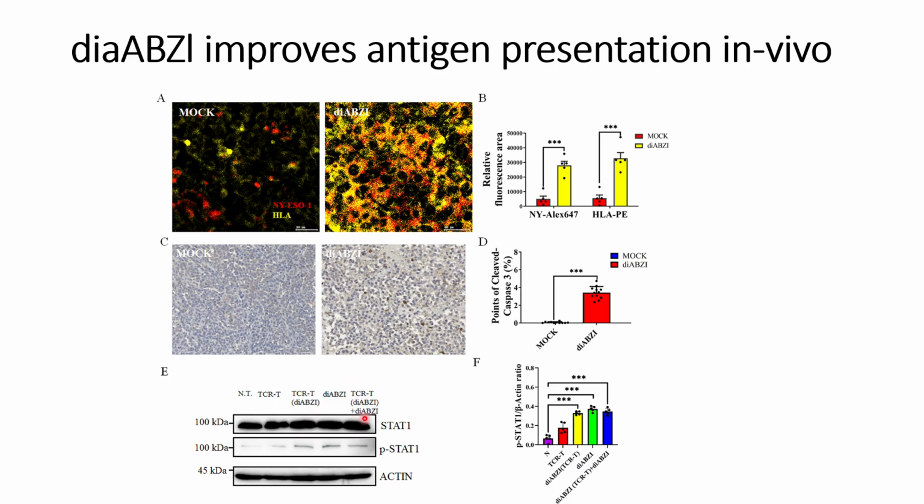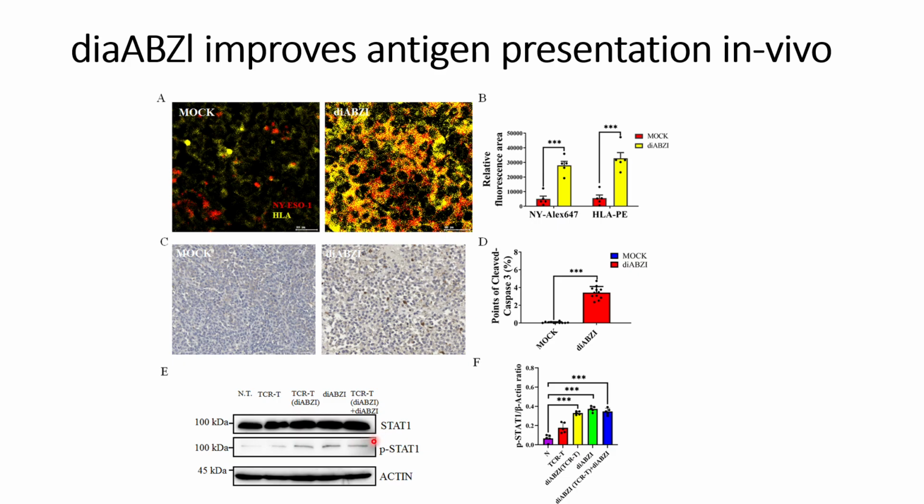And when they use the combined conditions, that is T cell receptors together with the DiaBZl treatment, they see an increase in phosphorylated STAT1. However, in the control case, they see a very minimal amount of phosphorylated STAT1, whereas in the T cell receptor only case they see a slight increase, but that increase is not enough compared to the other cases.